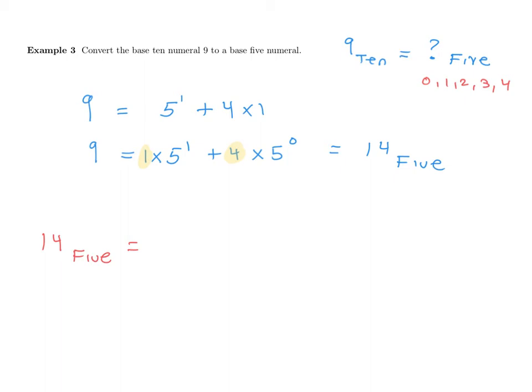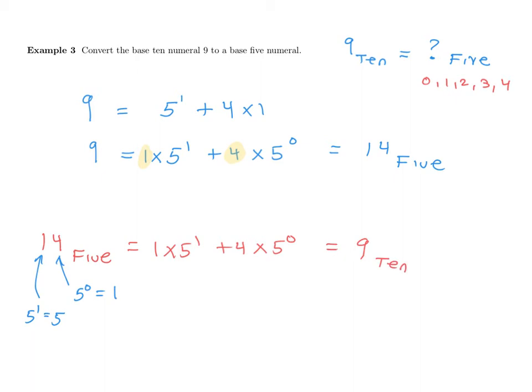So you could say, oh, well, this 4 is in the 5 to the 0's place, which is 1, and this 1 is in the 5 to the first place, which is the 5's. To expand it out, you take the digit and multiply it by the base value. So it's going to be 1 times 5 to the first plus 4 times 5 to the power of 0. That is exactly what's written right here. And if you combine all this together, you do in fact get 9, which is a base 10 number.